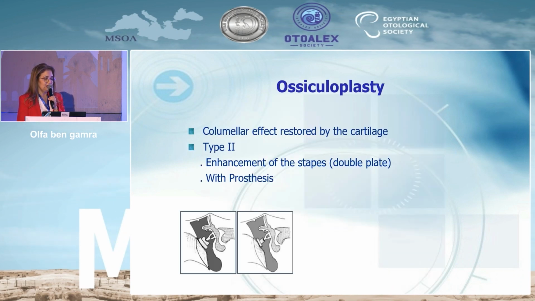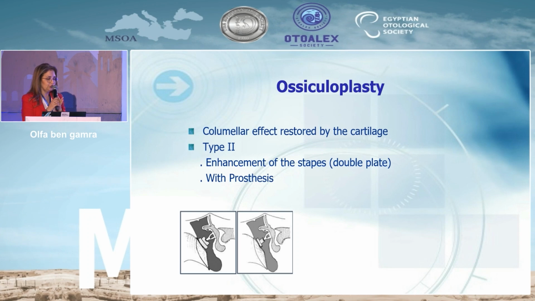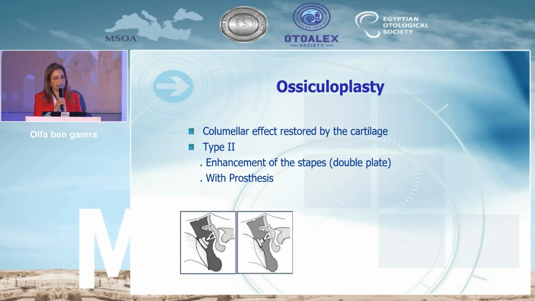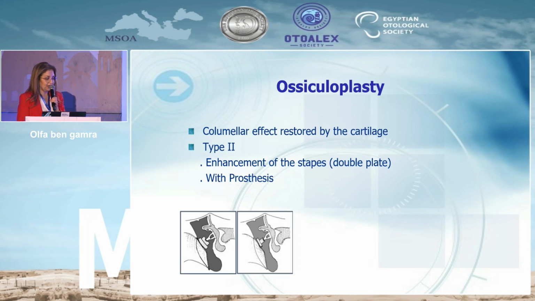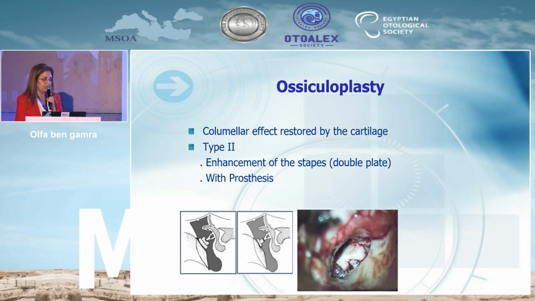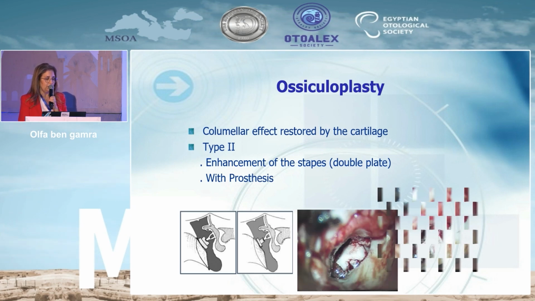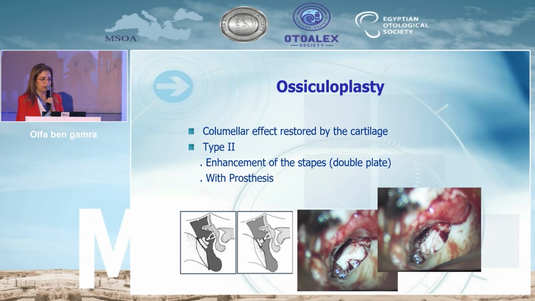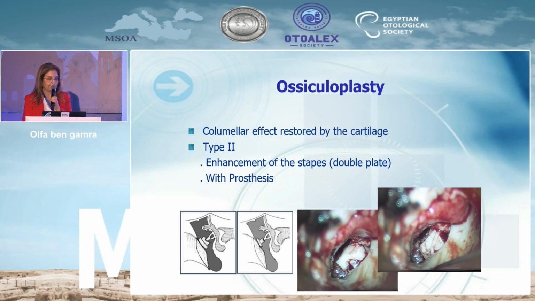In ossiculoplasty, the stapes can be enhanced by cartilage put in double plate, by prosthesis, partial prosthesis, or by modulated incus, for example.